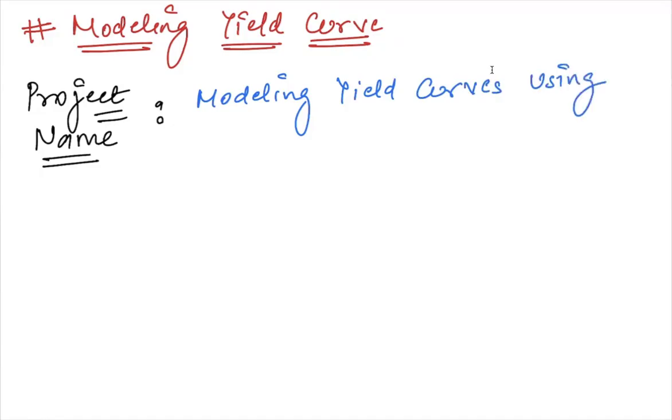We'll be seeing certain mathematical models which are generally used to model yield curves, such as Nelson-Siegel, also called the NS model.